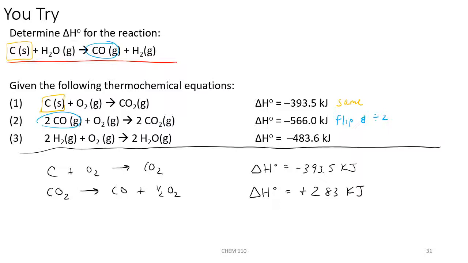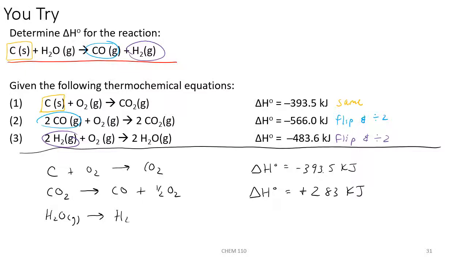And for our third equation, we have hydrogen gas on the reactant side. We're also going to want that on our product side. And right now it has the wrong coefficient as well. We need it to have a coefficient of 1, and it has 2. So we're also going to want to flip it and divide that third equation through by 2. So our third equation will be H2O gas, which we wanted on the reactant side as well.